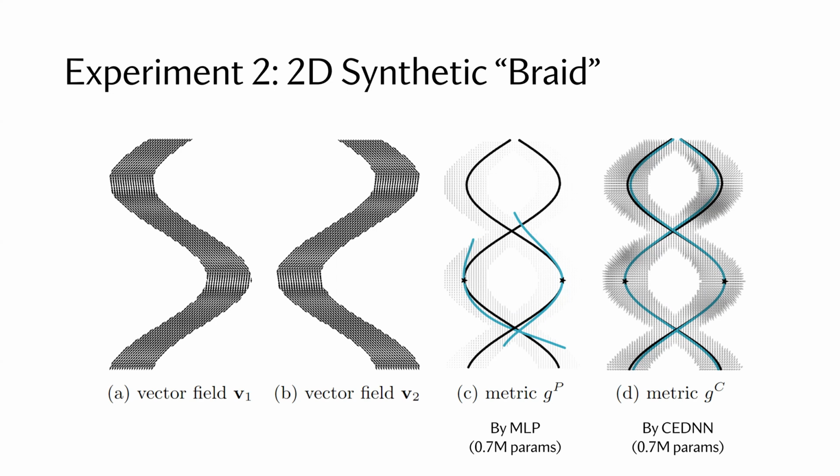The geodesic on the metric GC aligns notably closer to the tractography than the one on GP. In addition to the excellent geodesic tractography alignment, the CEDNN-estimated metric behaves as expected even in the crossing region. The geodesics are not confounded at all.